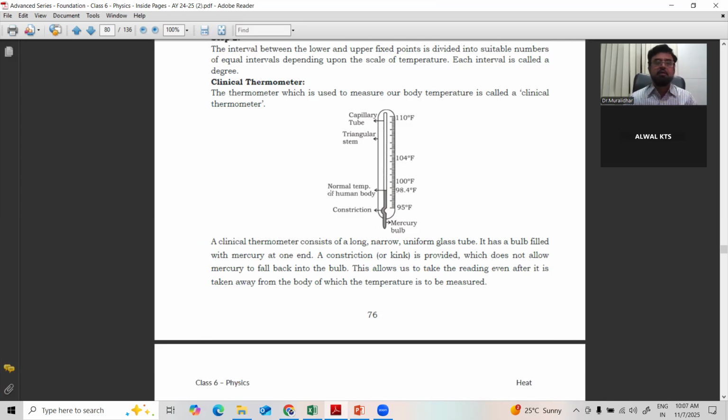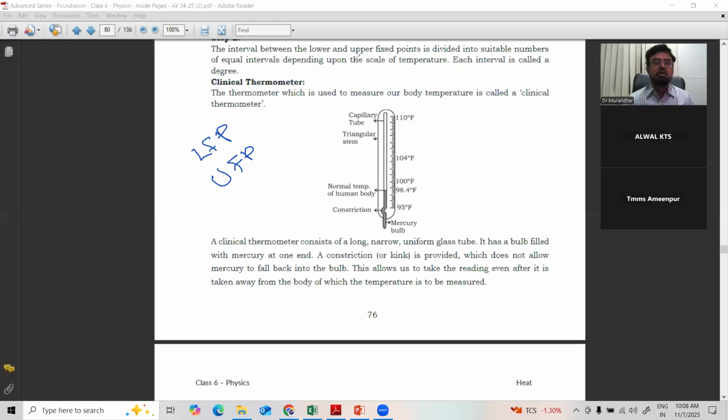As per the human requirement, we design the thermometer. Every thermometer has its lower fixed point and upper fixed point. The lower fixed point is the minimum measurement you can do.